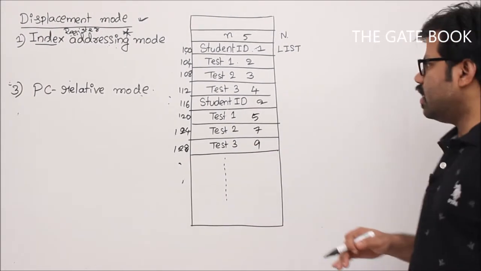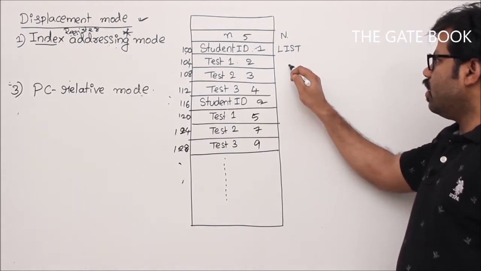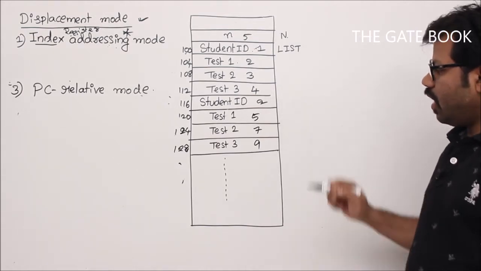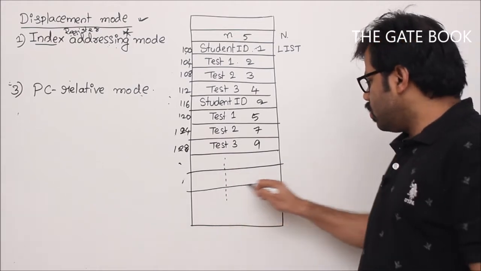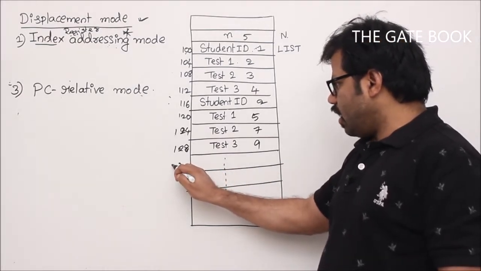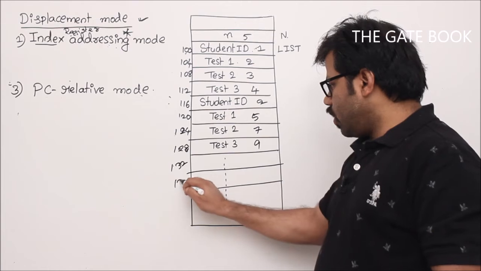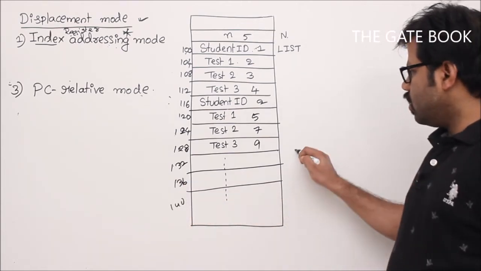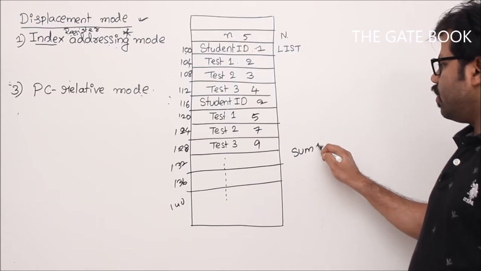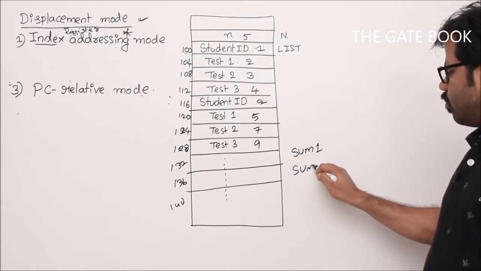What our program's intention is, we are going to have some more variables like sum 1, sum 2, sum 3. I did not mention them here, but I am showing them here: 132, 136, 140, right? So there are 3 other variables, sum 1, sum 2 and sum 3.